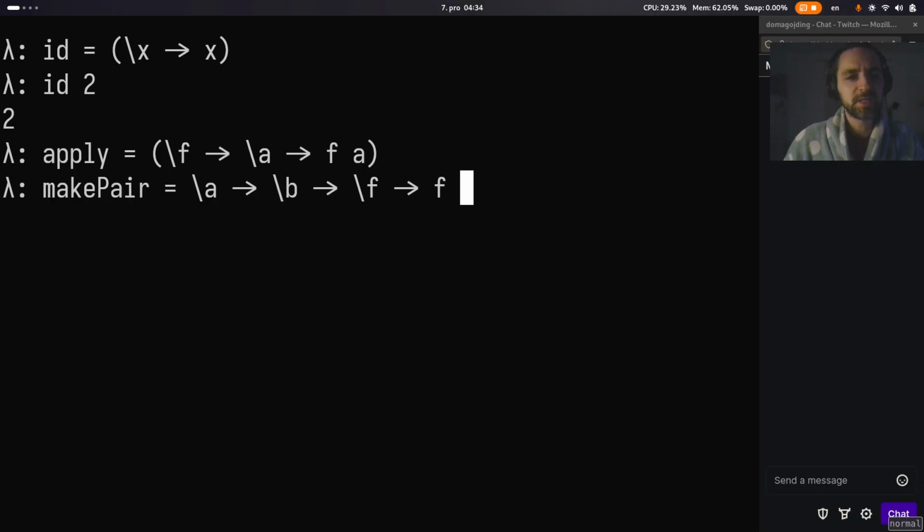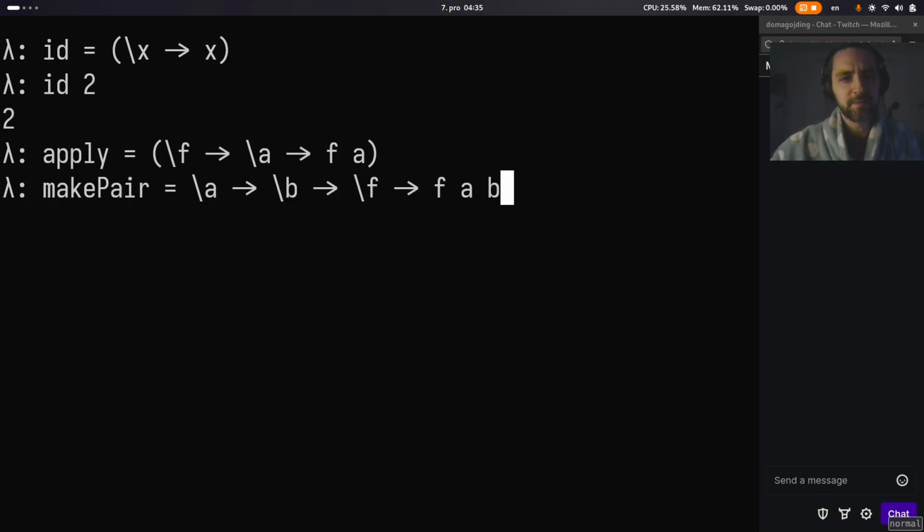So this is not just a function that is working with values. This is a function that calls a function, okay? But still, so we have A and F A B then.